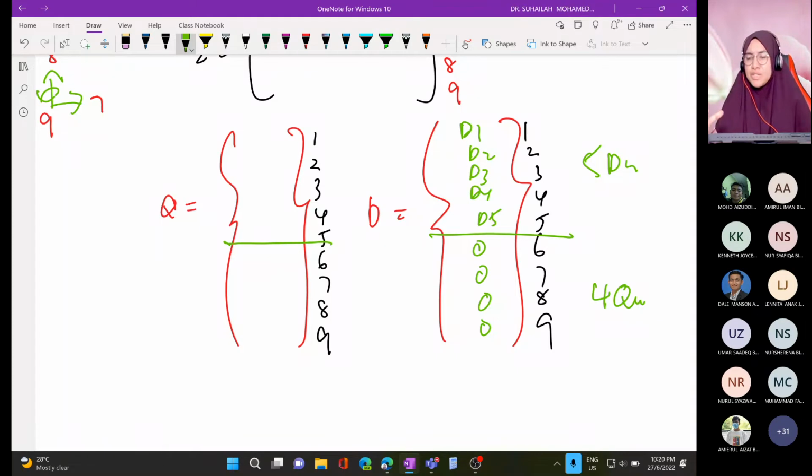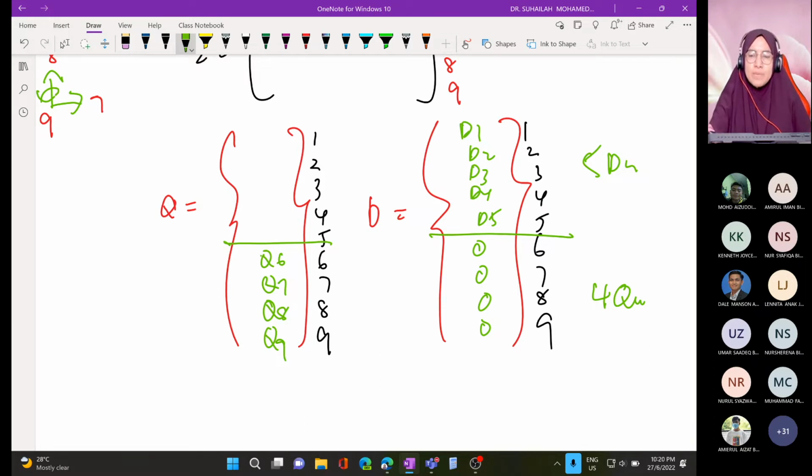Because condition dia between unconstrained and constrained, kalau belah atas dia unknown, belah bawah jadi known. Okay, kalau Q pula belah bawah jadi unknown, this is Q6, Q7, Q8, Q9. Belah bawah unknown, belah atas mesti letak value. Condition dia tu, nampak tak?